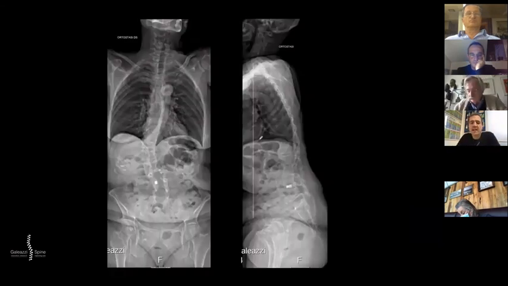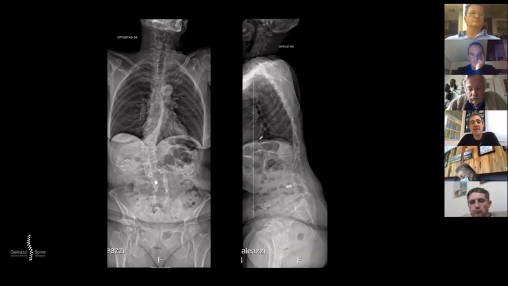This is another example of an application of corner osteotomy. This is a lady who had first surgery for scoliosis. Then she had an infection, a very severe spondylodiscitis. And if you look in detail at this X-ray, what I'm highlighting here is not the sacrum.